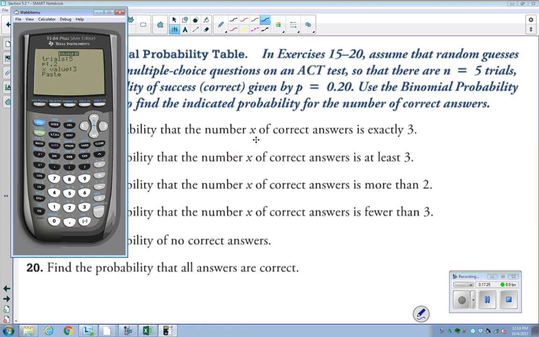And the number of things that I want correct are 3 problems, exactly 3 problems. So 3, and then I'm going to put paste, and those of you with an 83 should have the same thing across your screen now. And hit enter, and I've got a probability of 0.0512. Is that unusual? No, it's usual because it's greater than 0.05. Very good.